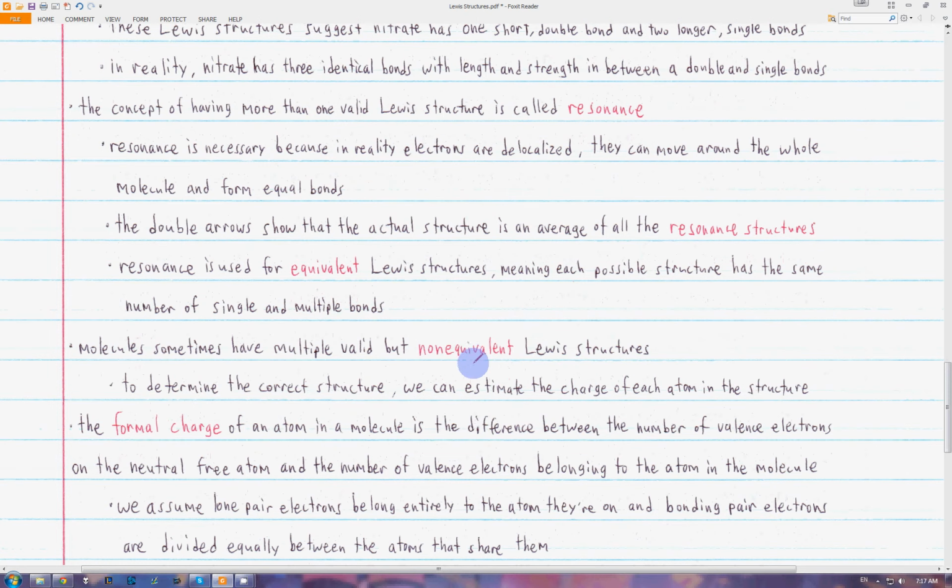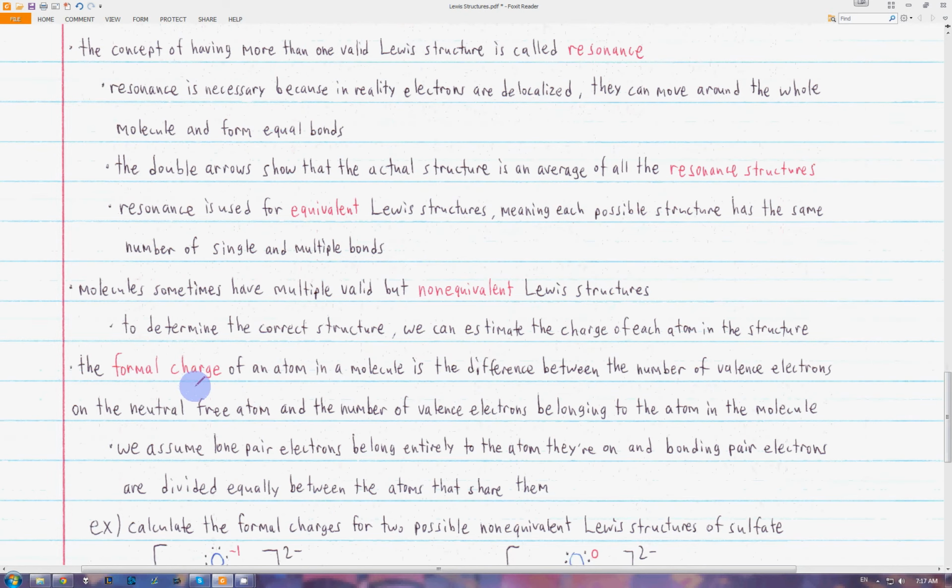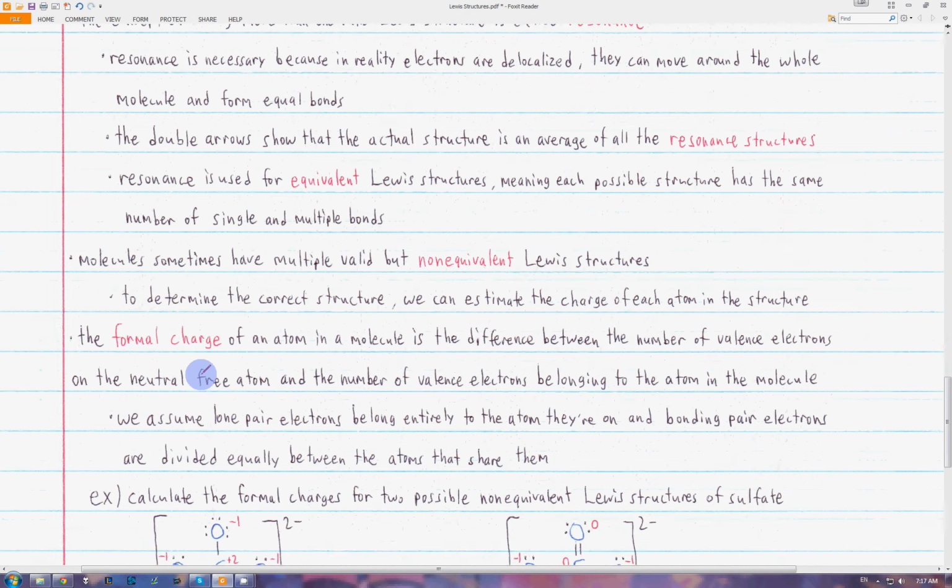And in these cases, to determine the correct structure, we have to estimate the charge of each atom using a system called formal charge. The formal charge is the difference between the number of valence electrons on the neutral free atom and the number of valence electrons that belong to the atom when it's bonded in the molecule.